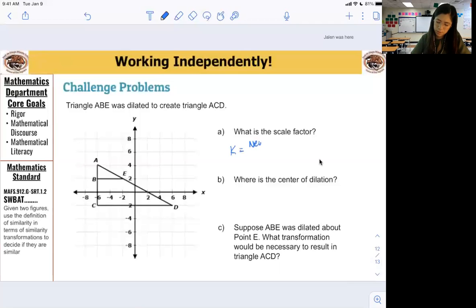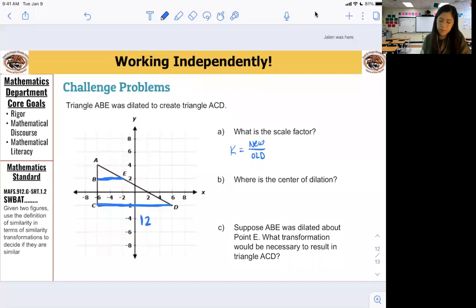New over old. So this long segment right here, how long is this one? Careful, it's not 6. Don't be fooled. It's 12. It goes by 2s. So this is 12. It's okay, you still get the same answer.